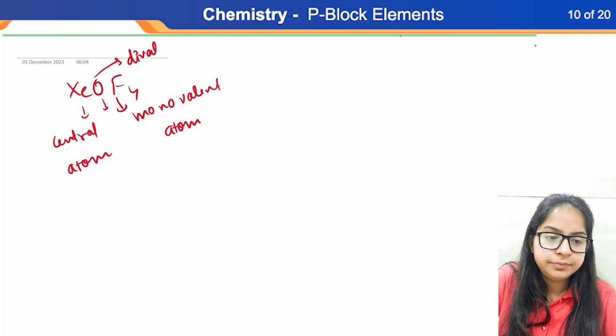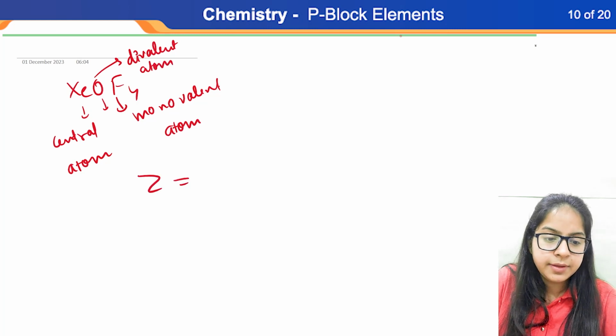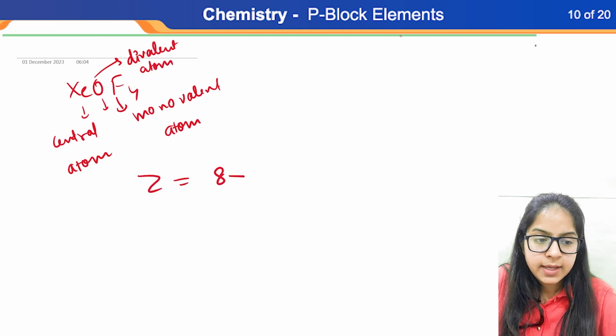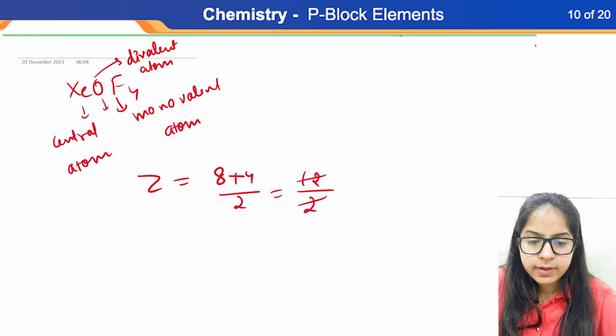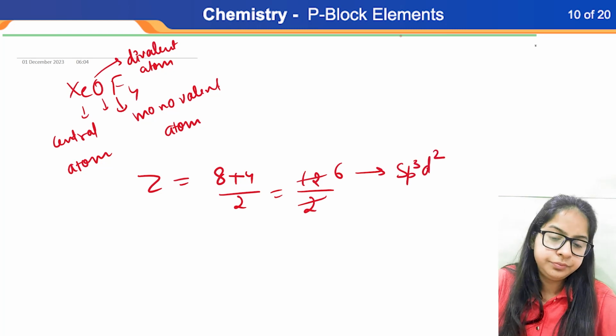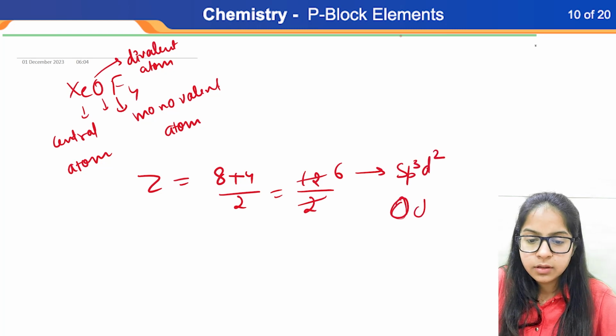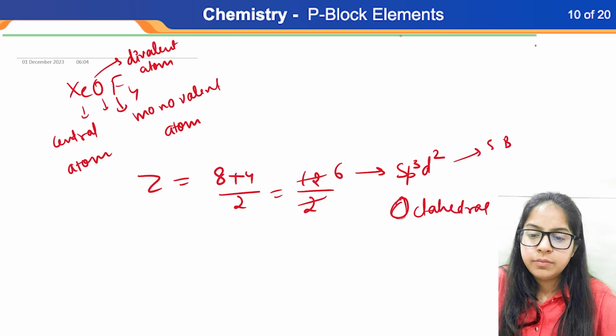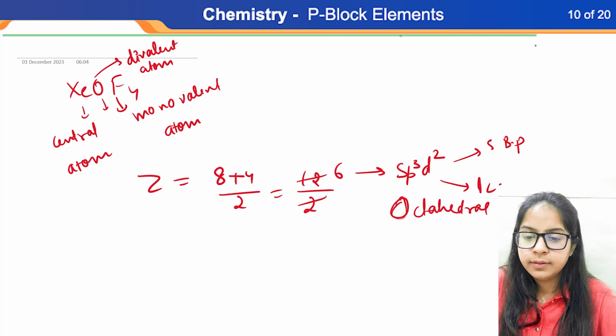To calculate Z, Xe is 8 plus 4 divided by 2, 12 divided by 2, it's 6, sp3d2. Octahedral geometry, 5 bond pairs, 1 lone pair.